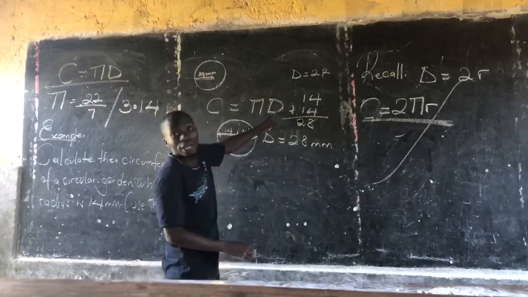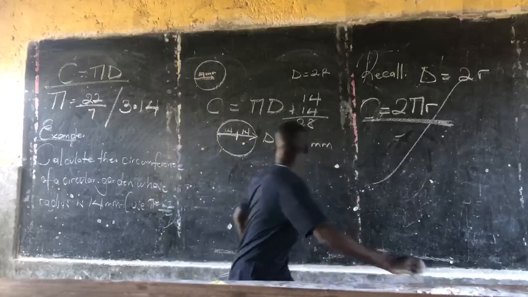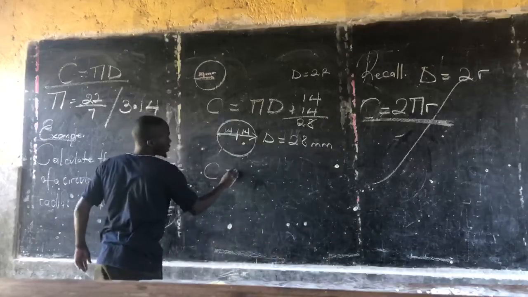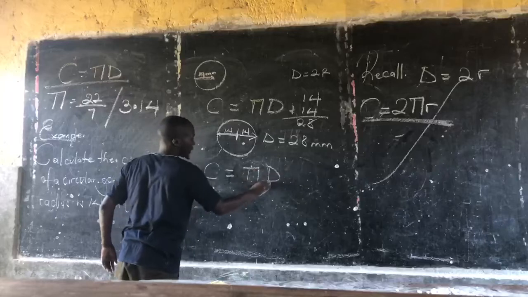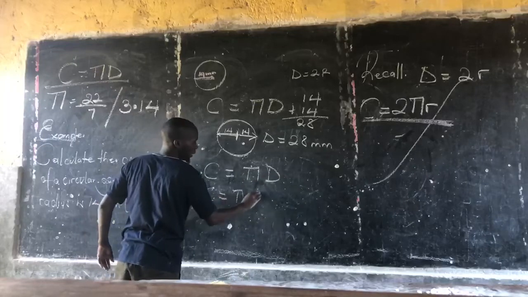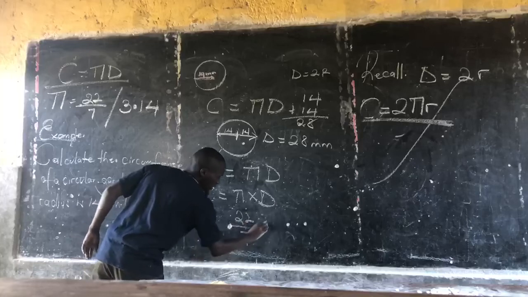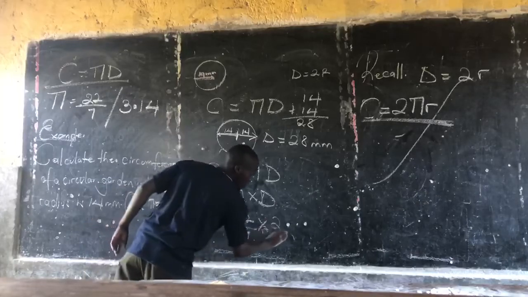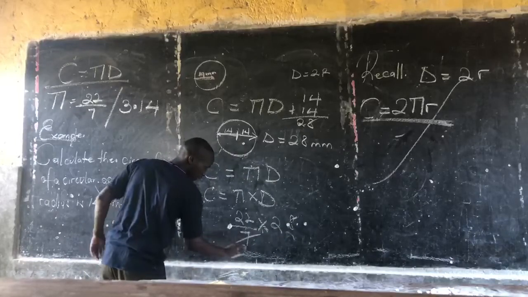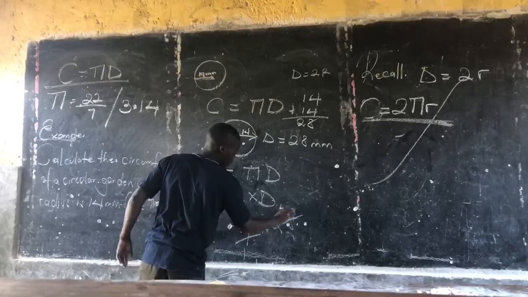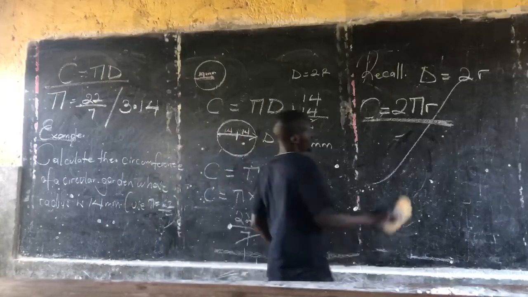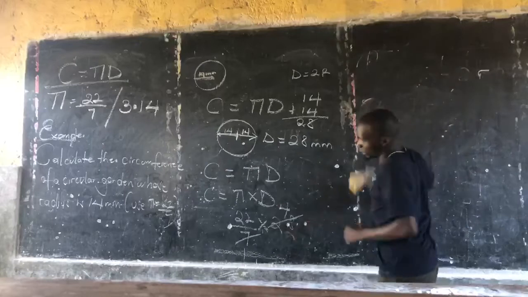And I now use it there. Circumference is pi times diameter, which is 22 over 7 times the diameter, 28. 7 into 28 is 4.